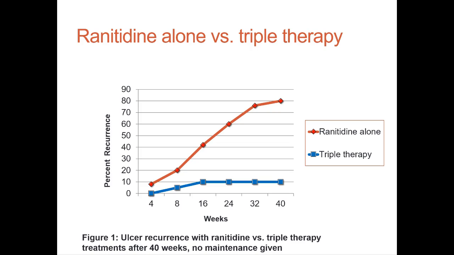You should have a sentence heading that really emphasizes the bottom line, the main point, the main story of the graph. The main point of this graph is that triple therapy has lower recurrence.